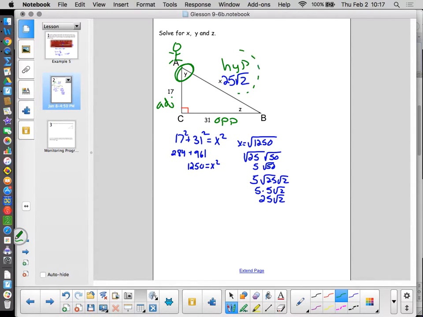This is my caution one. I don't want to use that one if I don't have to. Given my values, I have the opposite and adjacent. What function do I use, and how do I solve for y? That's going to be your task. I want you to set up and solve the function for y, and once you've found y, also find z. That's your first little quiz problem today.